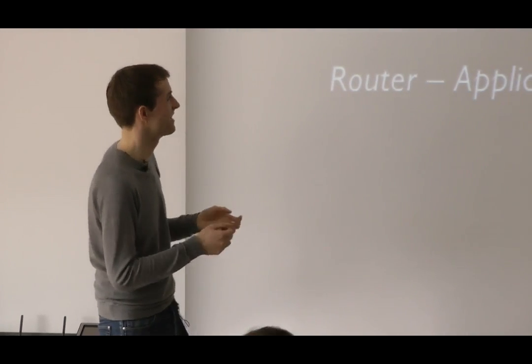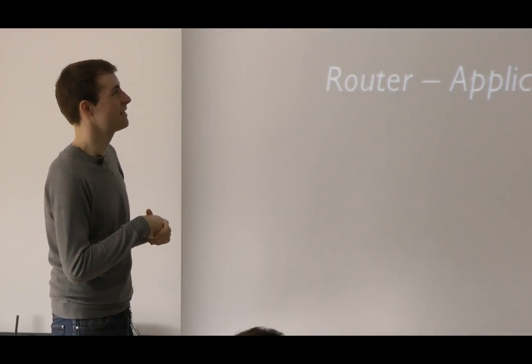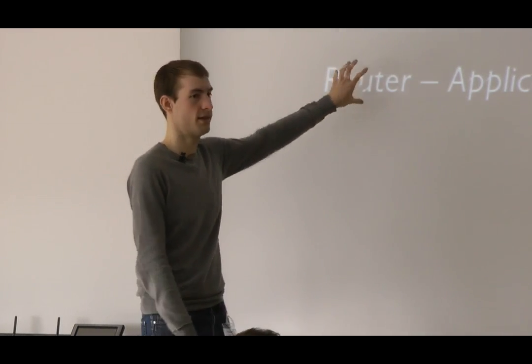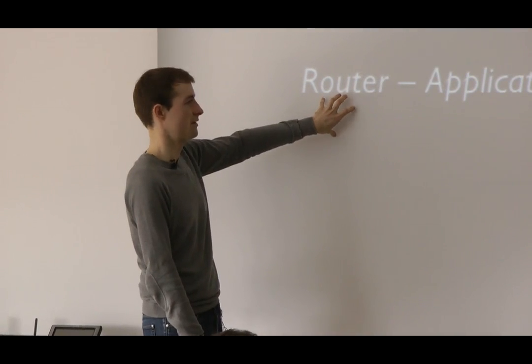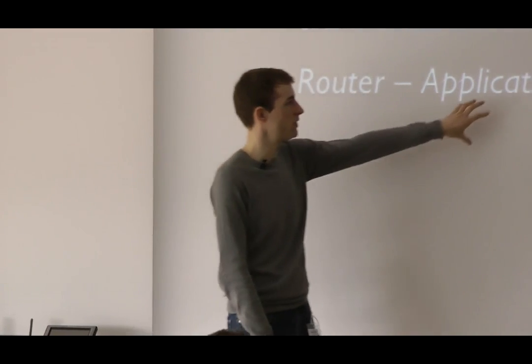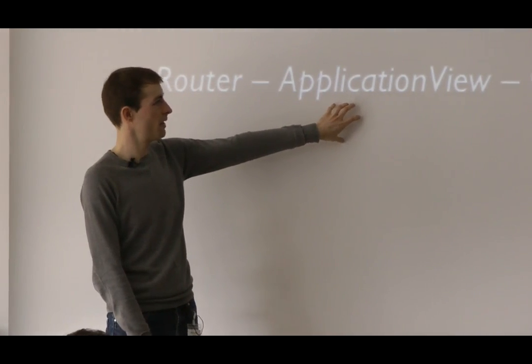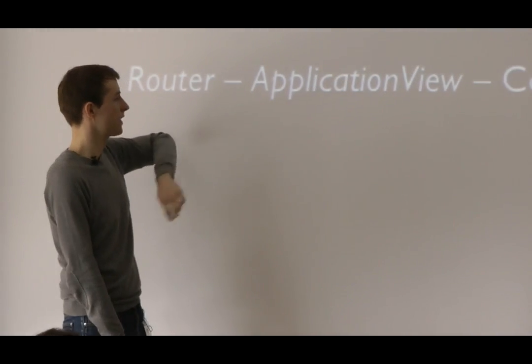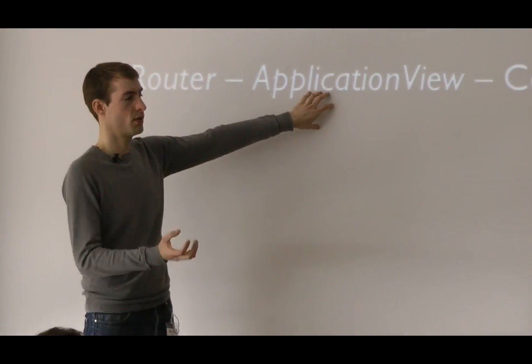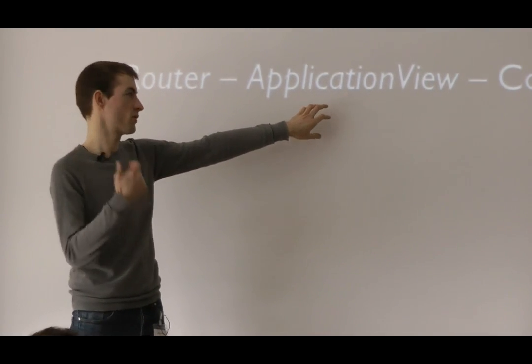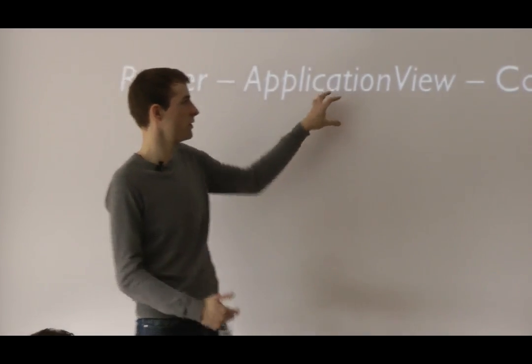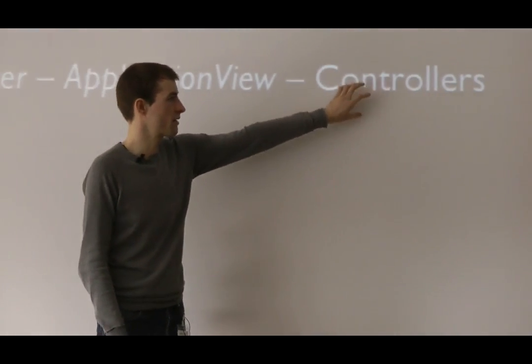So it dispatches. The router just says, okay, the route has matched, and the application view listens to that using pub/sub and knows the route has matched to this controller and this action, and it is the component which starts the controller.